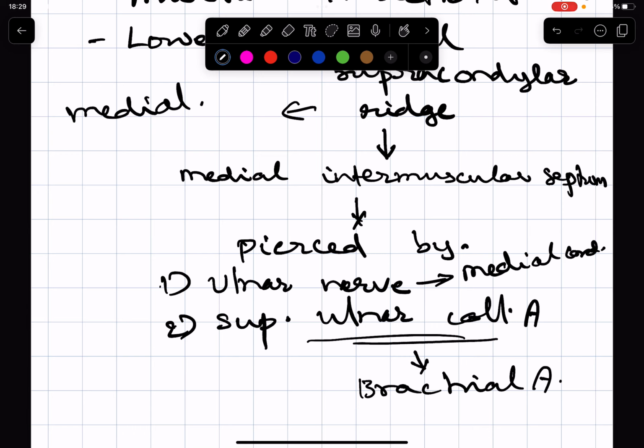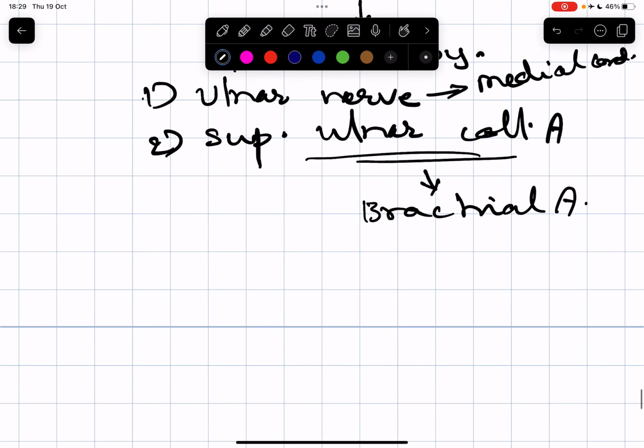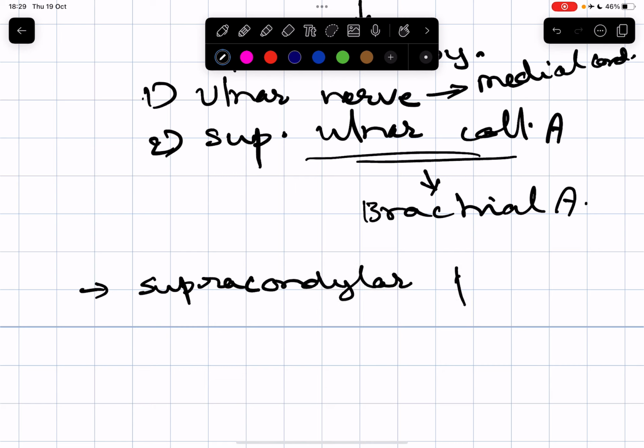All right, rarely we have a small bony projection on the anteromedial surface. It is called the supracondylar process, also known as the supracondylar spicule, or the supratrochlear spur.